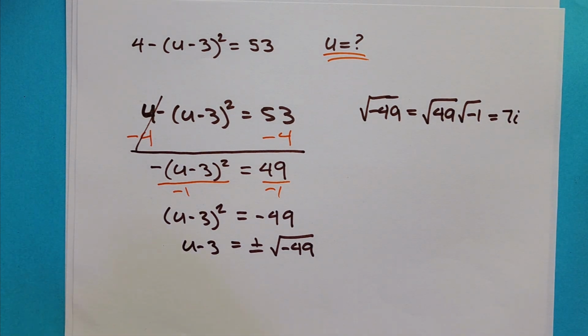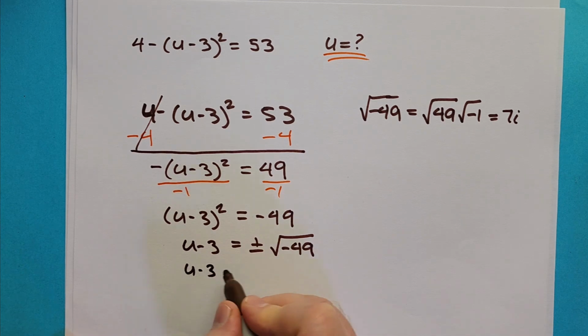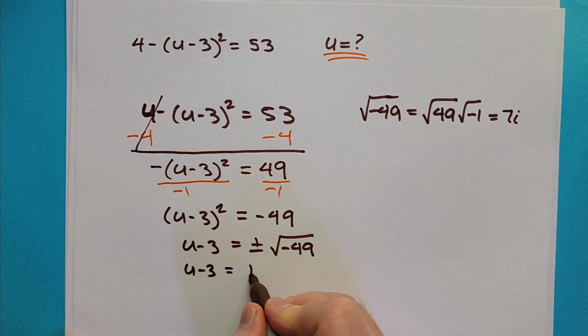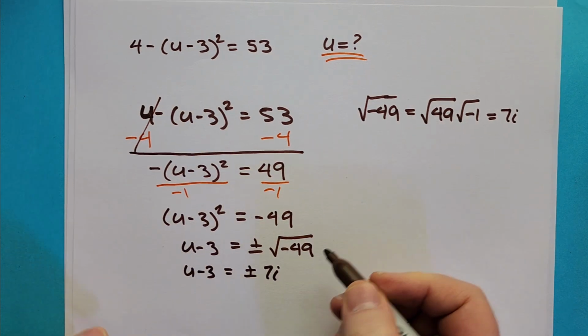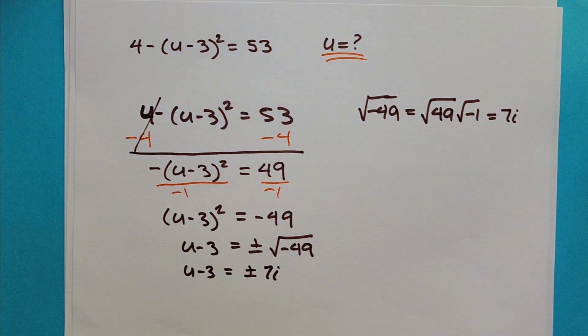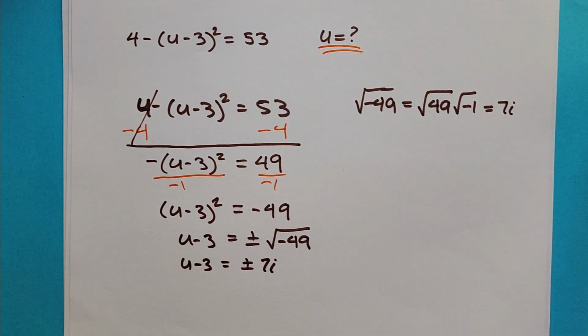So down here in our equation, we can write u minus 3 equals plus or minus 7i. And then to finish solving for the variable, we just need to use the additive inverse and add 3 to both sides of the equation. And this is what I meant when I said the roots are going to be of binomial type.